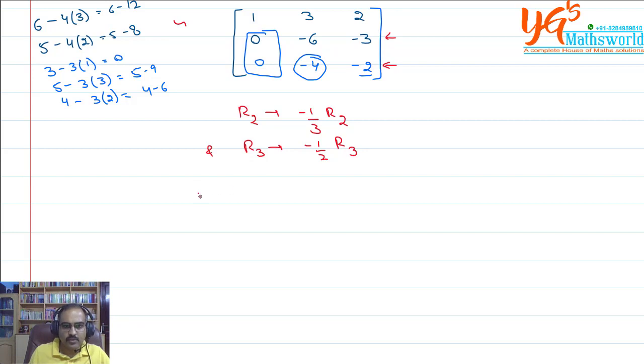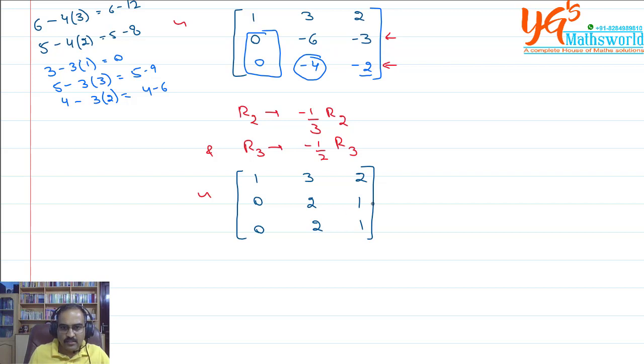Okay, so the new matrix so formed will be 1 3 2, 0 divided by 3 is 0, 6 divided by 3 is 2 with a negative sign, so it will be positive 2, 3 by 3 will be 1, then 0, the next element is 2 and the last element is 1.